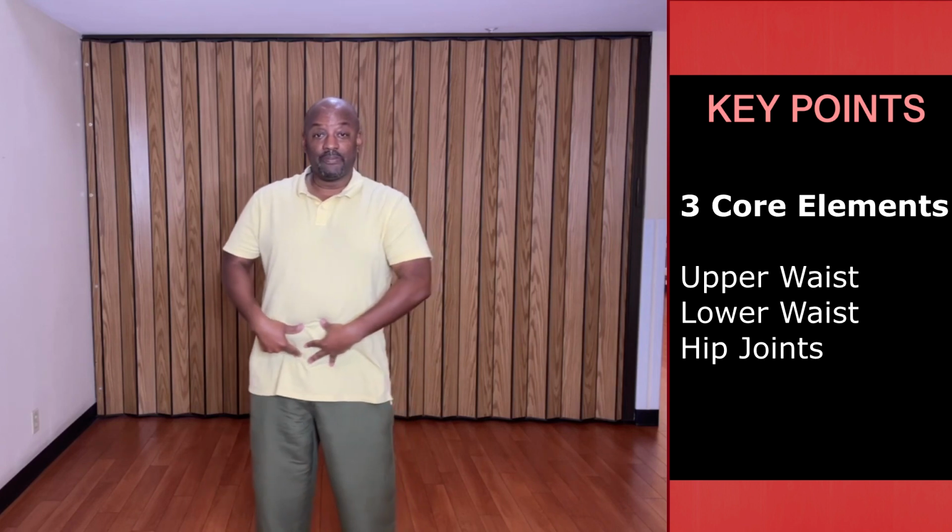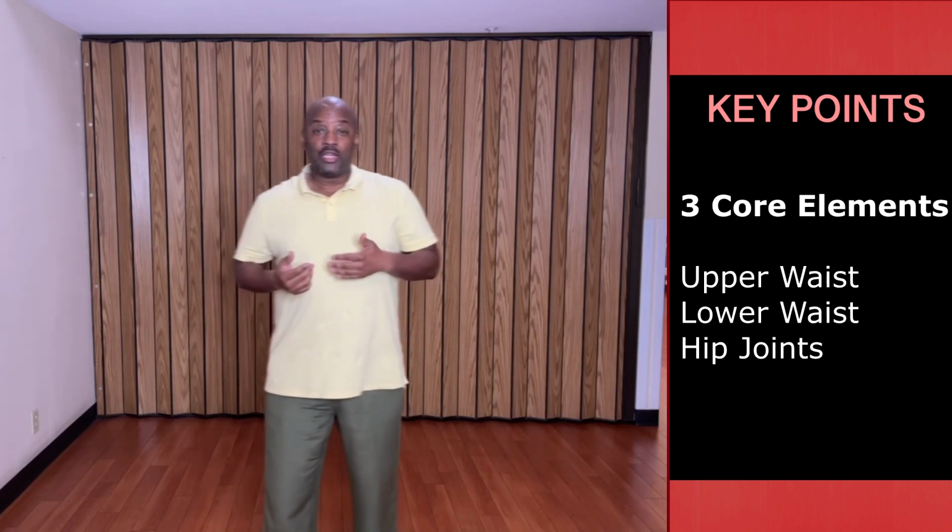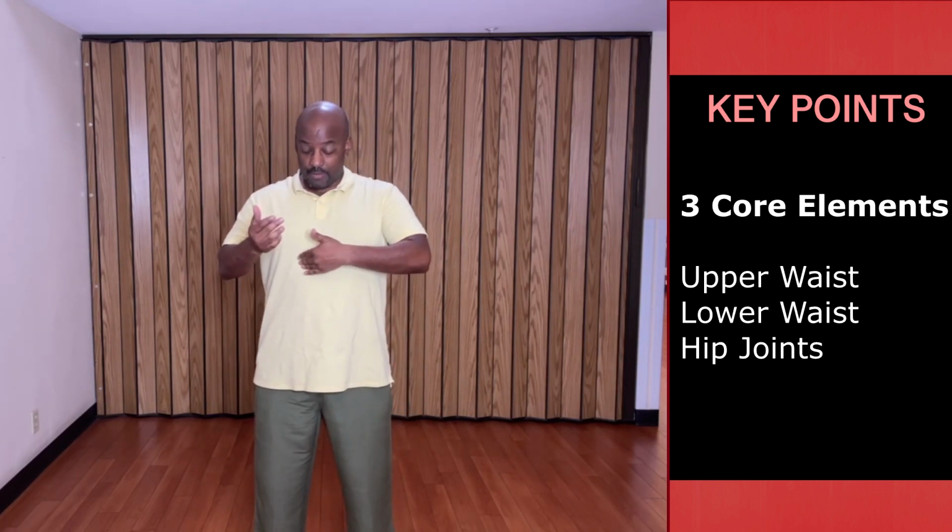When I try to demonstrate this, I'm going to say we're going to use our upper waist muscles here. Let's say my right side upper abdominal external obliques, and I'm going to use it to turn the body. So I'm trying to isolate this motion to show you how this muscle here rotates the body.